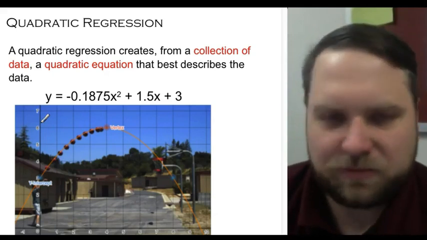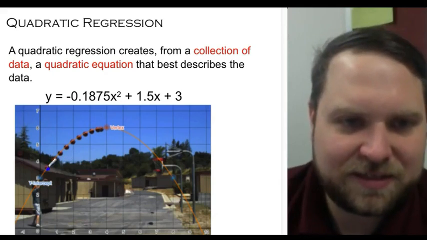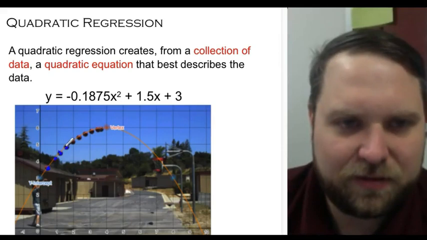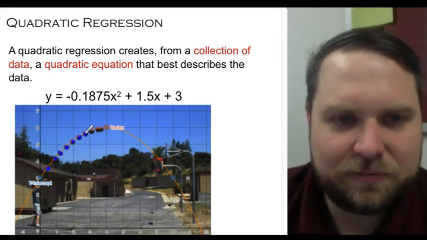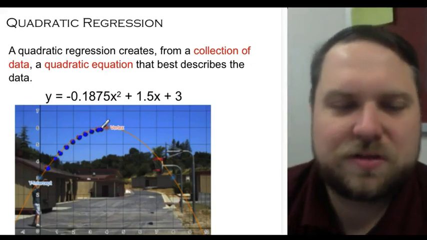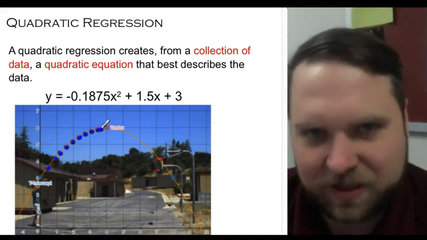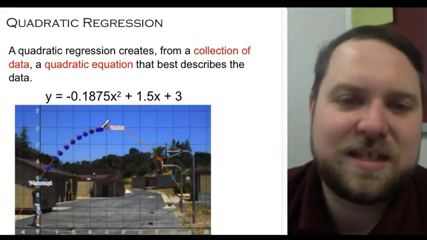So the quadratic regression takes our collection of data, in this case, all the points on the graph where the basketball was, and our regression will take all of that data and create an equation. So here our equation is y equals negative 0.1875x squared plus 1.5x plus 3.